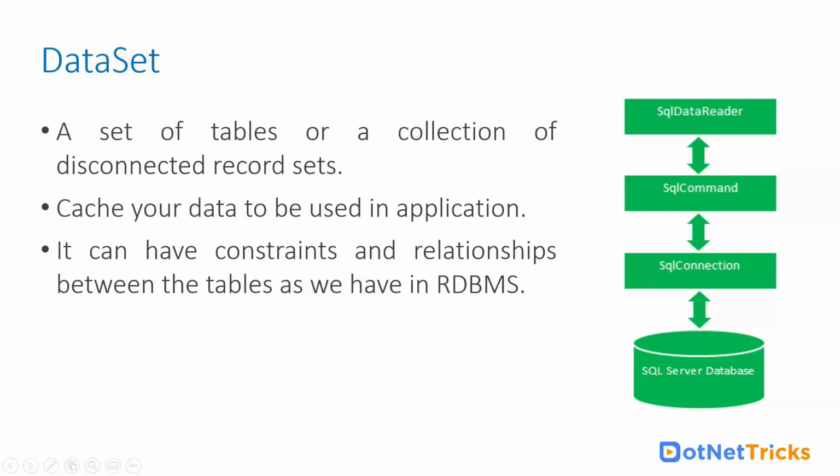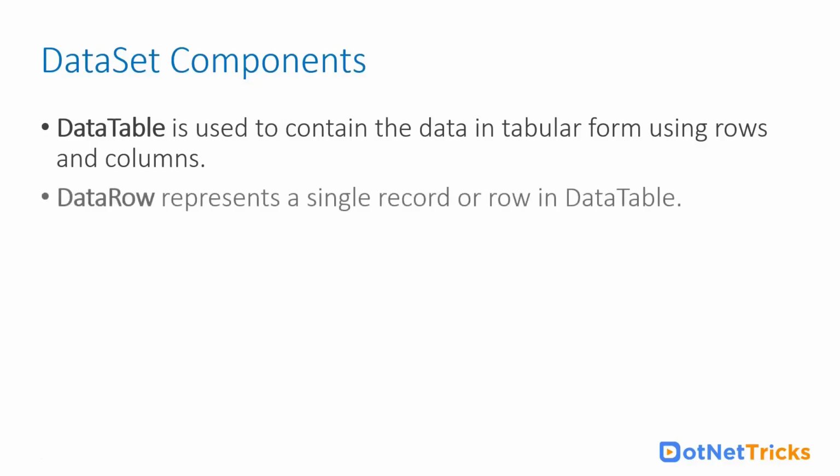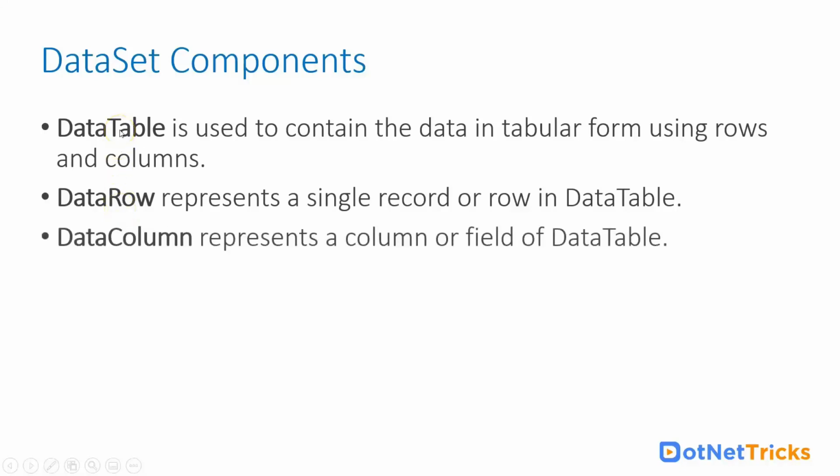As I discussed, a data set consists of multiple data tables, and the data table contains the data in a tabular form, that is, using rows and columns. So you can have multiple data rows in one data table to store the records, and under that we have multiple columns associated.